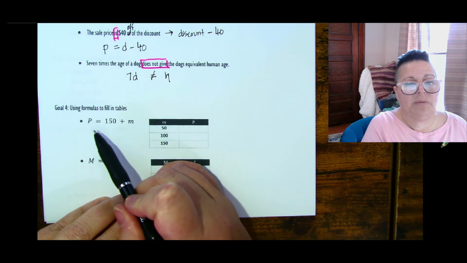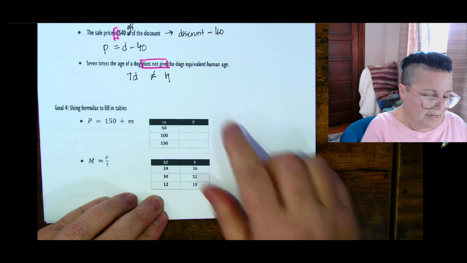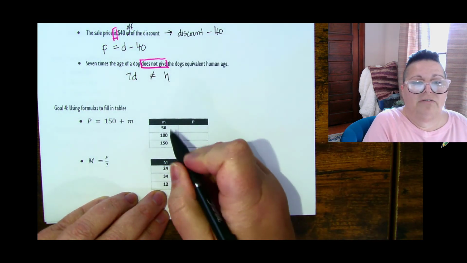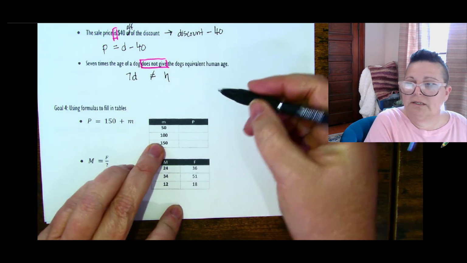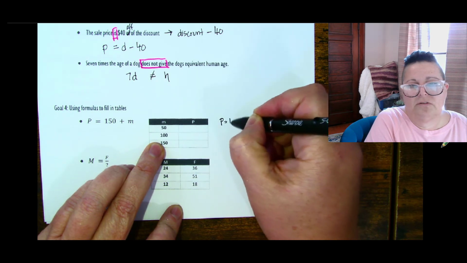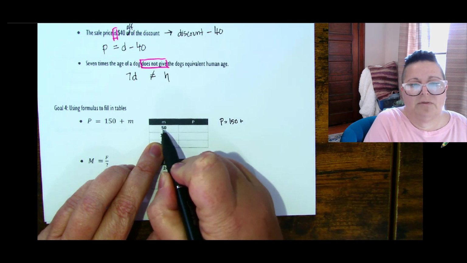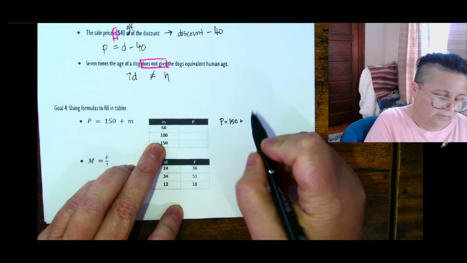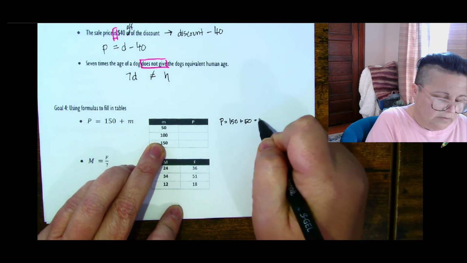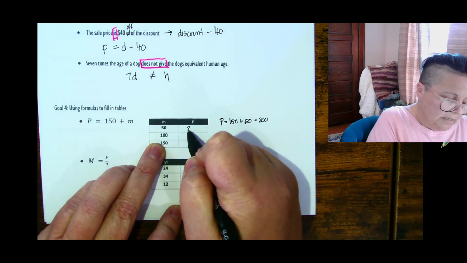So here I have P is equal to 150 plus M. The table tells me my varying values of M. So for the first one, P is equal to 150 plus, for the first time through, my M is 50. So 150 plus 50 for trial 1, and that's going to be 200. So when M is equal to 50, P is 200.